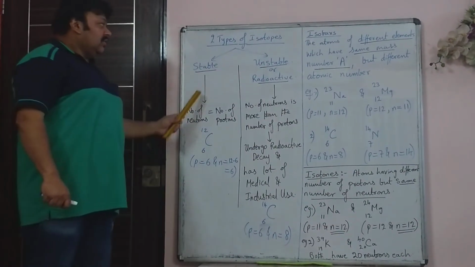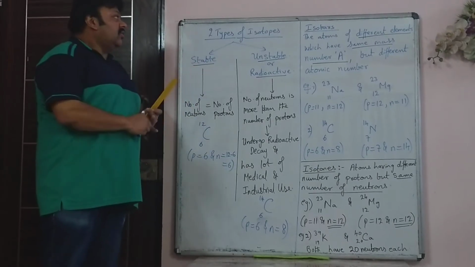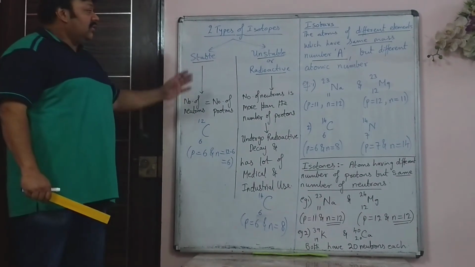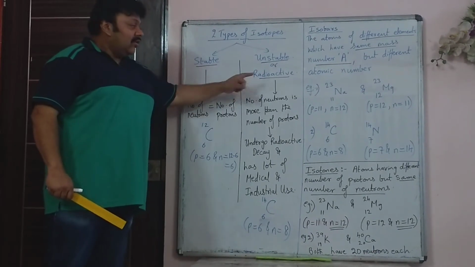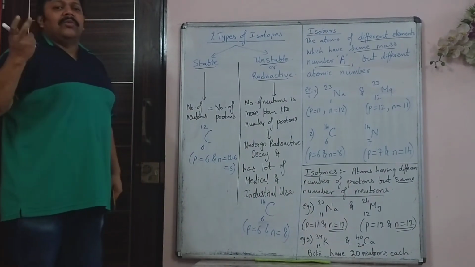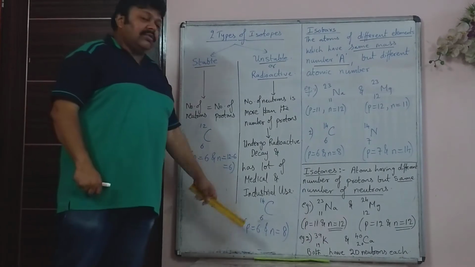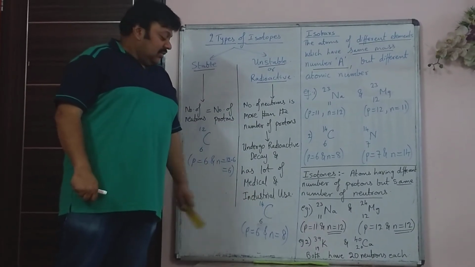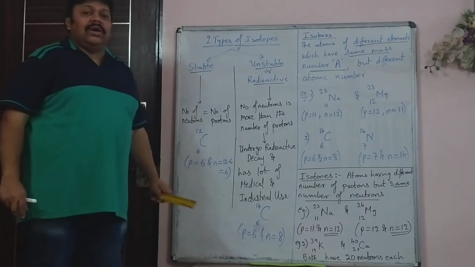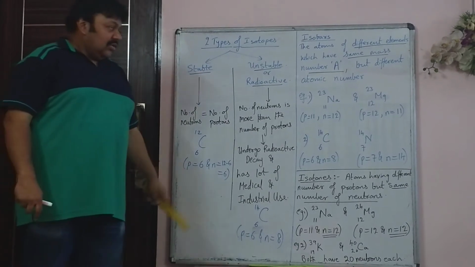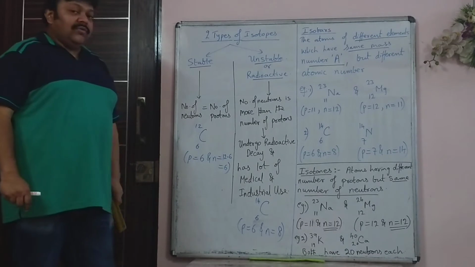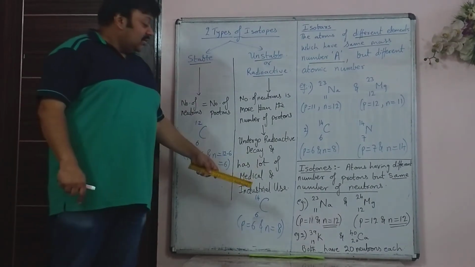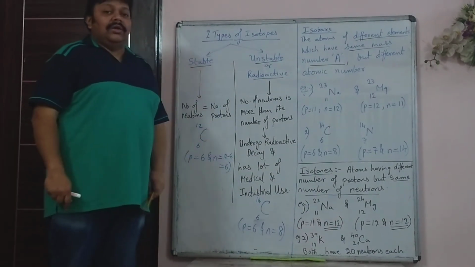So this is the difference, or the 2 types of isotopes that are present, stable isotopes and unstable, which are also radioactive. Radioactive means something is emitted from the nucleus of this atom. Some radiations are emitted, because of which it changes, and there are some uses of it, medical and industrial uses.